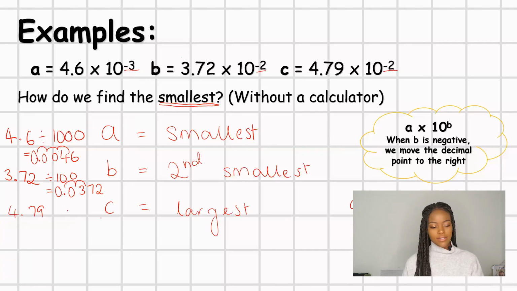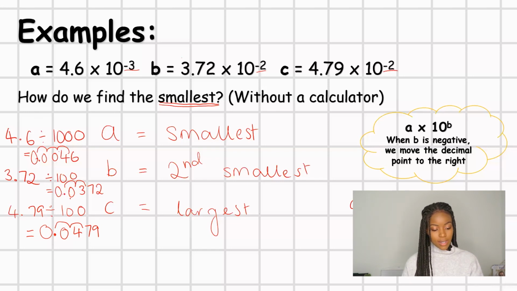C was 4.79 times 10 to the power of minus 2, which is the same as dividing by 100. We would write the 479. The old decimal place was here, and we're moving it 2 spaces to the left. It's going to be here. We fill in the gap, and we can see that the new value is 0.0479.